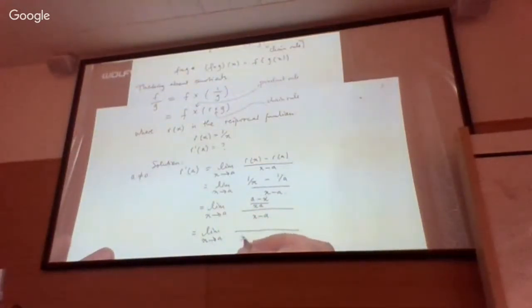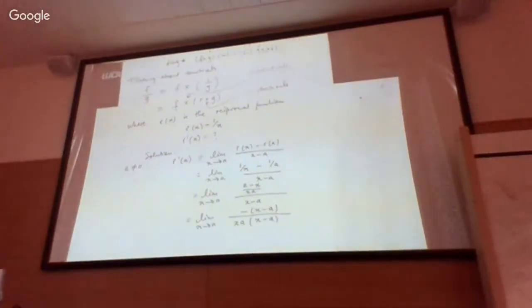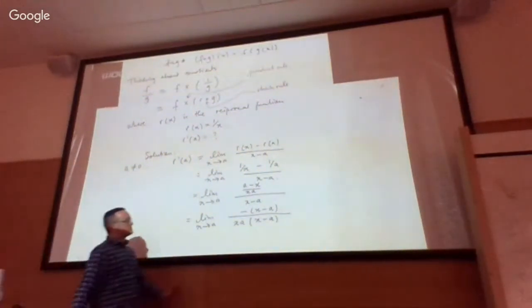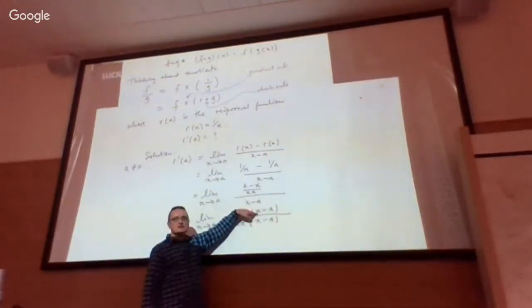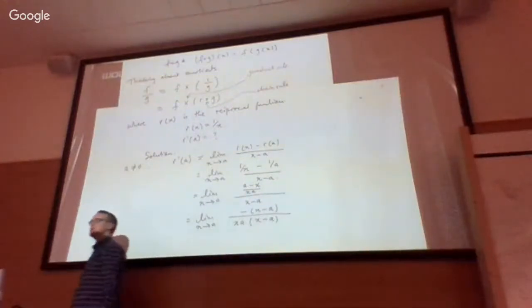So really we've got the factor x times a on the bottom, we've got x minus a, and we've got minus x minus a at the top. So this troublesome 0 bit, it actually always cancels out, because it's there as a factor in the top, and it's there as a factor in the bottom.